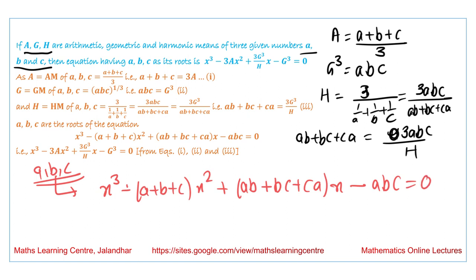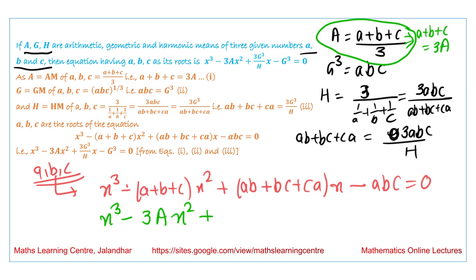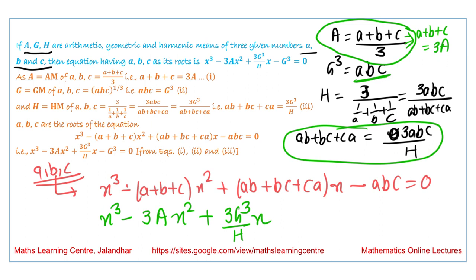Now from the first equation, we get a plus b plus c is equal to 3 times A. So we are writing x cube minus 3A x square plus 3abc, where abc is G cube, so we get 3G cube by H times x, and last, minus abc, so minus G cube, is equal to 0.